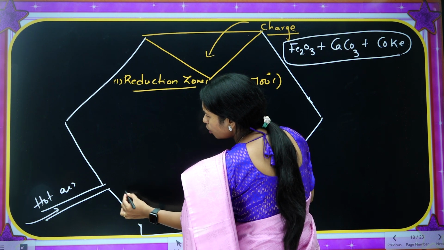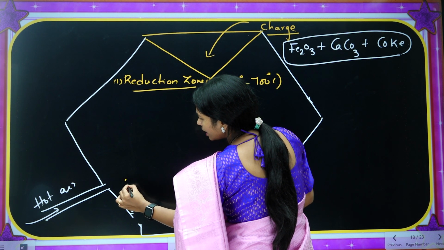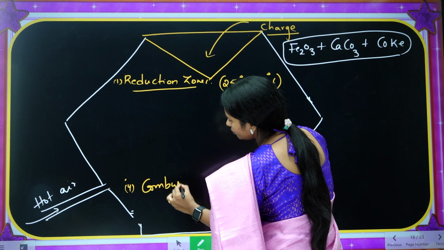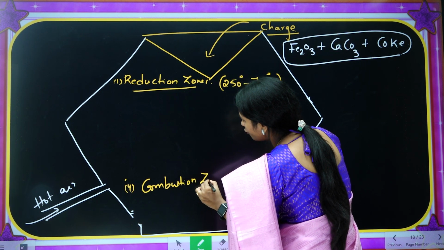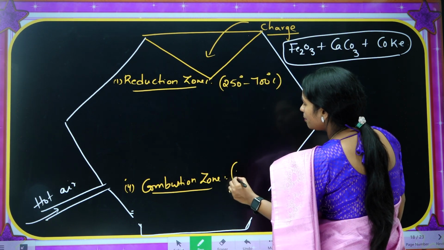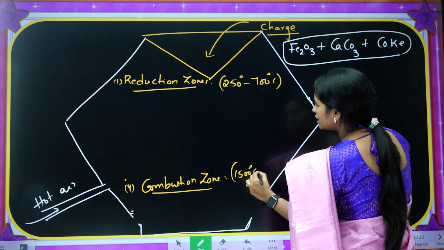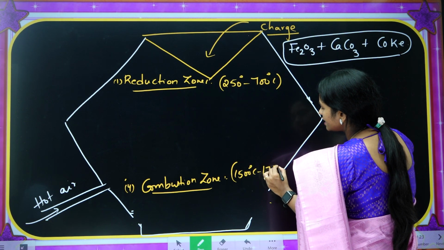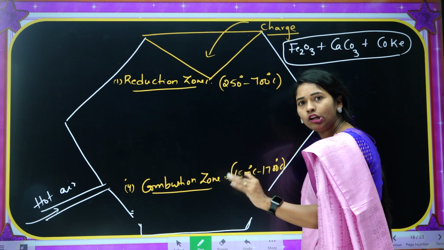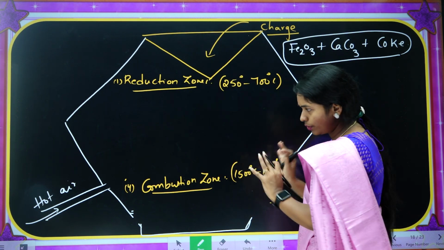For example, down here is very high temperature. This is called the combustion zone, total 4 zones. Its temperature will be around 1500 degrees Celsius to 1700 degrees Celsius. Few authors mention 1800, few others mention 1900 also. It is a high temperature zone.